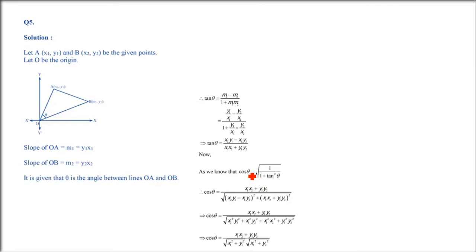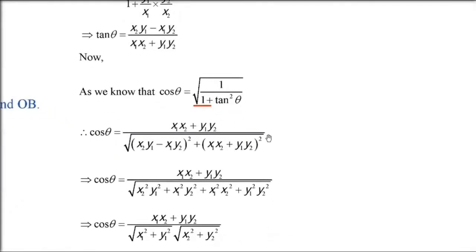So from that, cos theta equals 1 by under root 1 plus tan square theta. This relationship we have already done in trigonometry also. Even if you take tan square theta as sin square theta by cos square theta, the denominator is cos square theta plus sin square theta, which is 1, so under root cos square theta will be cos theta.